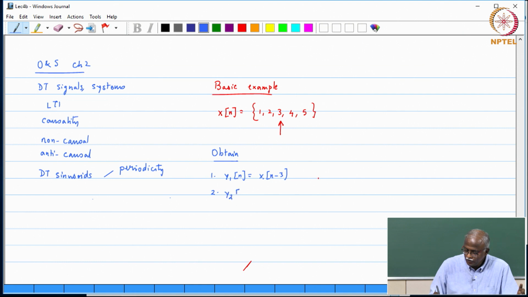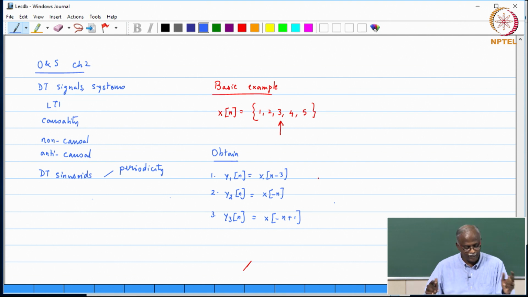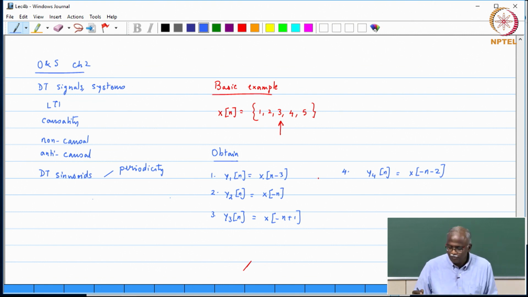Second, y2 of n is x of minus n, time reversal. Third, y3 of n is x of minus n plus 1, that is shift and time reversal. Fourth, y4 of n is equal to x of minus n minus 2, again shift and time reversal; you have to be careful when you do the shifting.